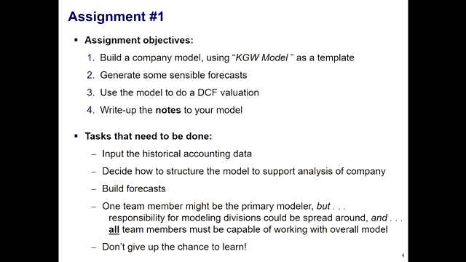So input into the model, generate some sensible forecasts and a decent valuation model. And importantly, write up the notes of your model.